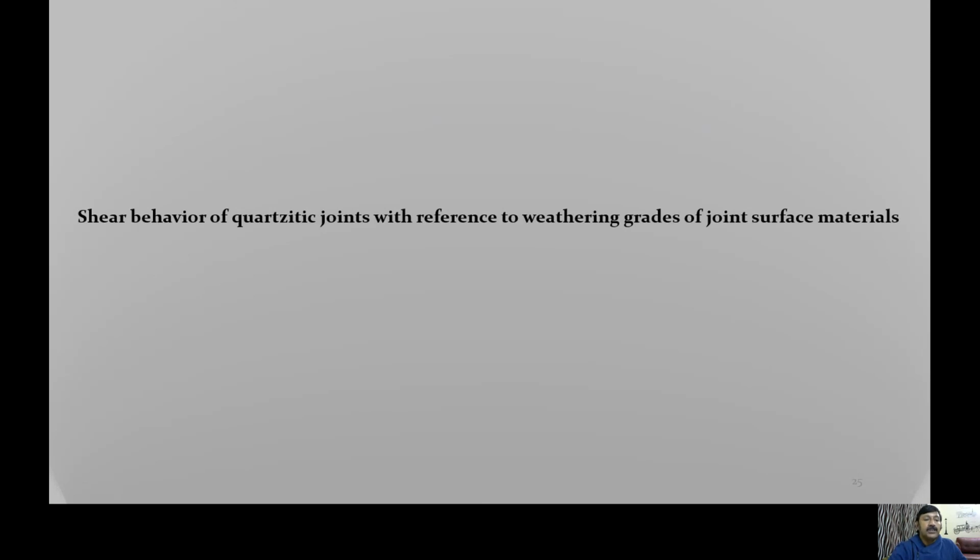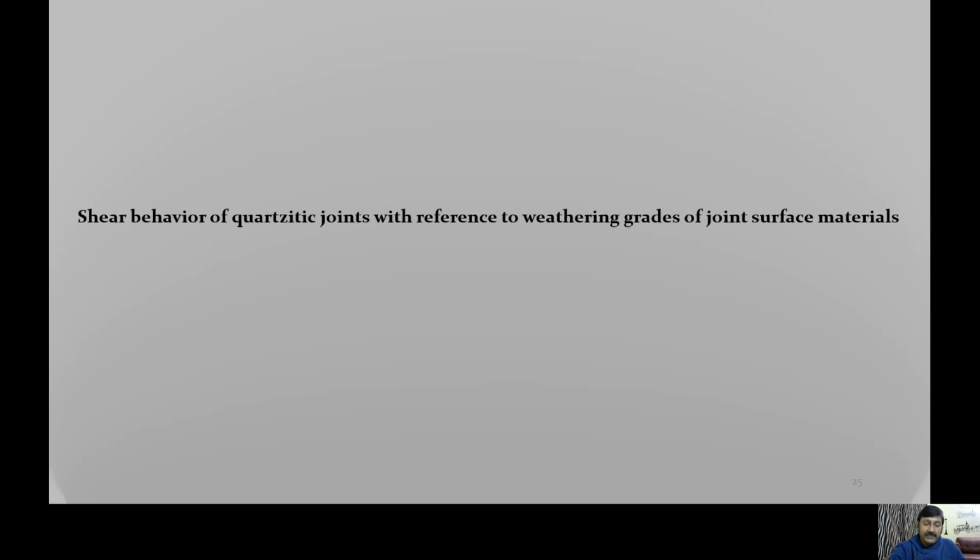Next, I'll talk about shear behavior of quartzitic joints with reference to weathering grades of joint surface materials. The objective of this study is to understand the influence of weathering on the shear behavior of rock joints. In order to do that, we need to eliminate the influence of other parameters like JRC on shear behavior.